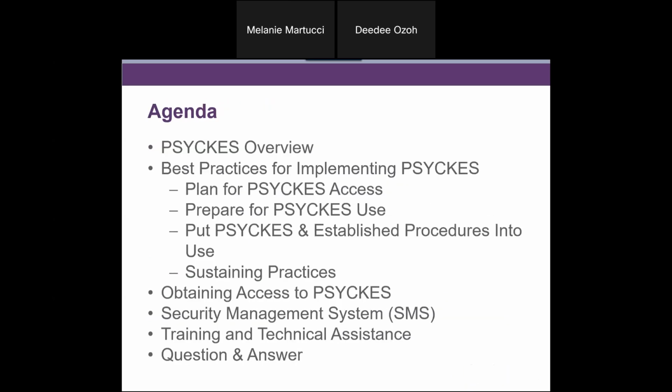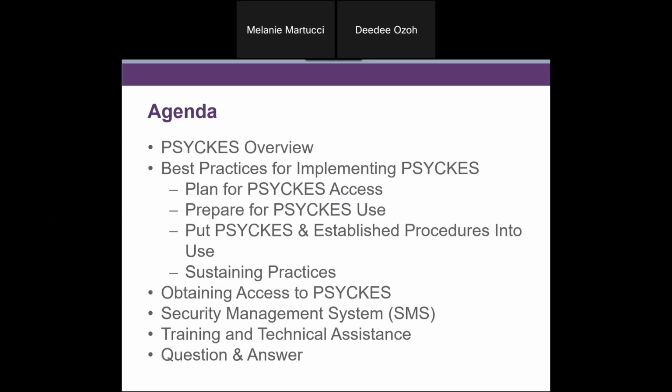So here's the agenda for today. First, we'll go over a PSYCKES overview, which will include some information about the PSYCKES application, like what the data is in PSYCKES, what the population is, and a little about what quality indicators are and why they're important. Next, we'll talk about best practices or some recommended tips that you can use when you're implementing PSYCKES at your organization.